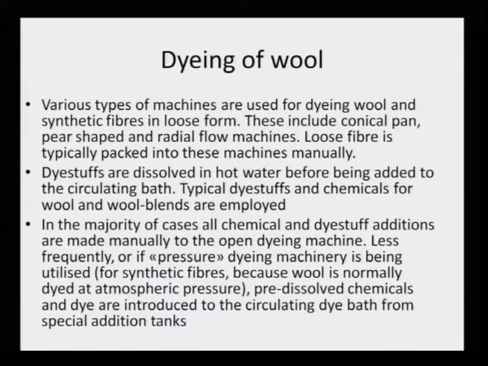In the majority of cases, all chemicals and dye stuff additions are done manually to the open dyeing machine, and less frequently if pressure dyeing machinery is being utilized for synthetic fibers, because wool is normally dyed at atmospheric pressure. Pre-dissolved chemicals and dyes are introduced to the circulating dye bath from special addition tanks.